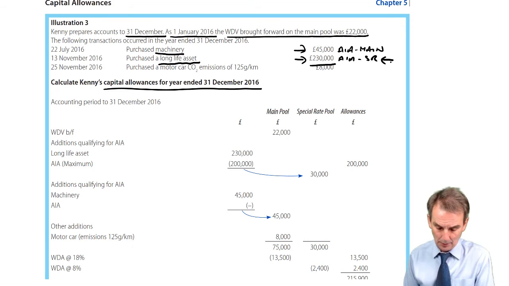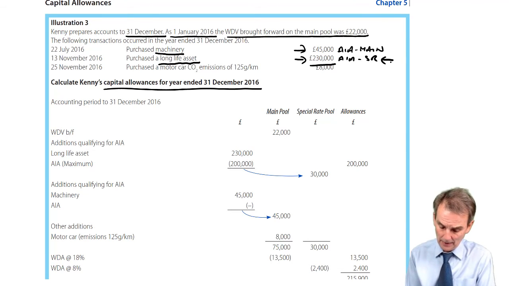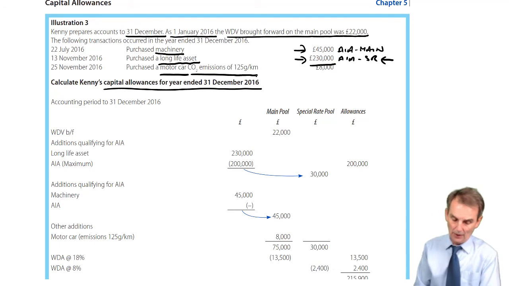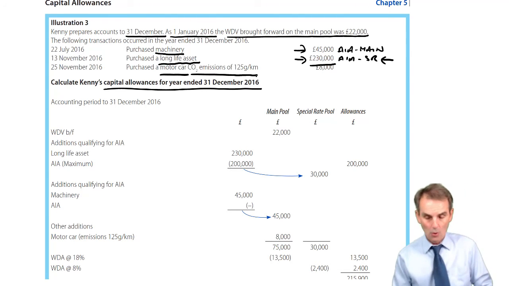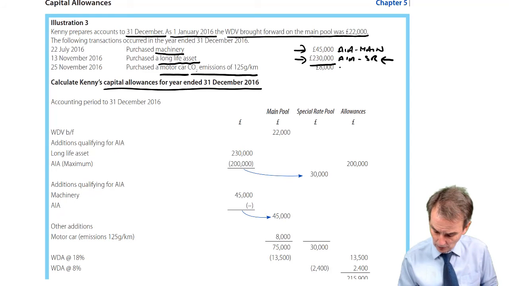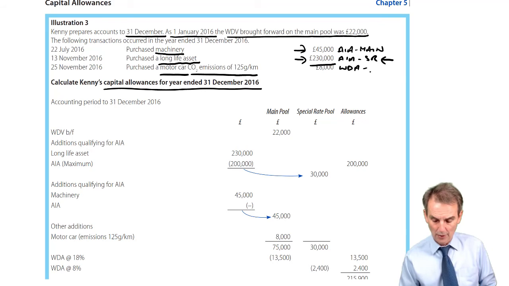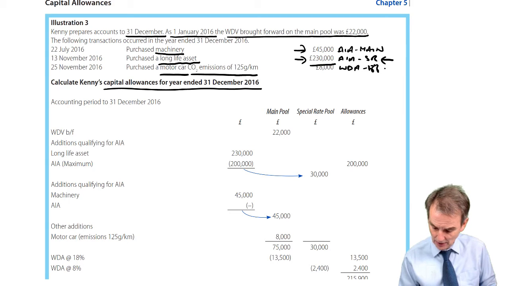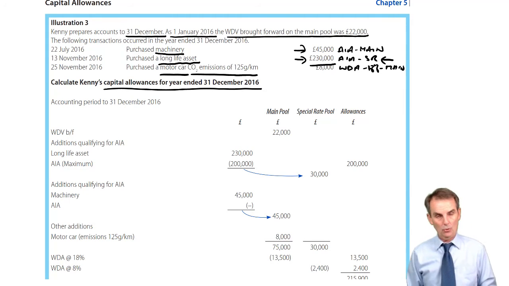The final item purchased during the accounting period, a car, CO2 emissions 125 grams per kilometre. 125 between 76 and 130, so we're talking, as it's a car, not low emission, it's writing down allowance. What will that writing down allowance be? It will be 18%, and it will therefore be allocated to the main pool.